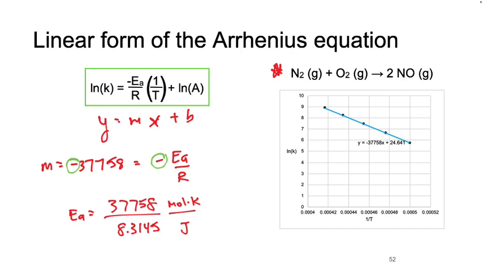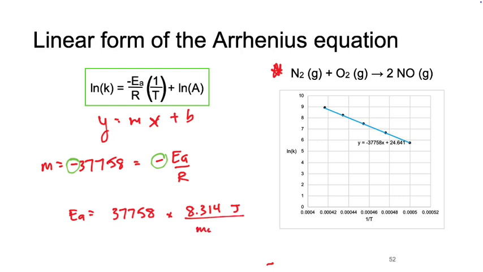Because the unit for activation energy should be joules in the numerator. Is it in the numerator? No, because I apparently failed algebra. It's 37758 times R. That's what happens when you pass it through the equality. So our slope of that line is what's setting us up for our joules per mole.